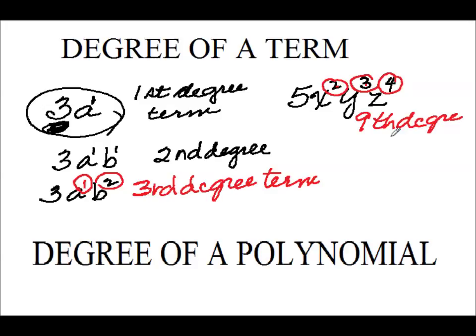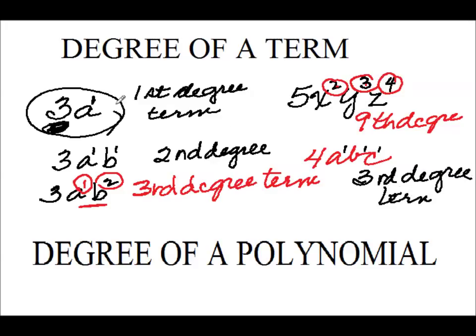Now, the problem that some students have is what we had in this example right here. When there's just a letter by itself, like if we had 4ABC, what degree is that? 1, 1, 1. I hope you were right. It was a third degree term.